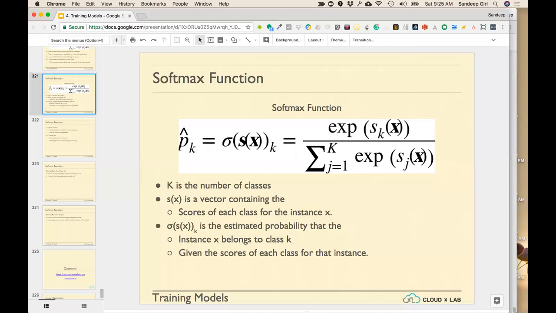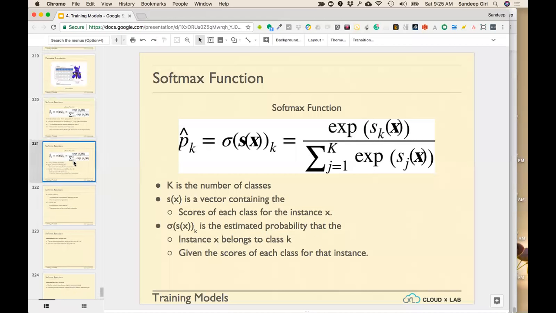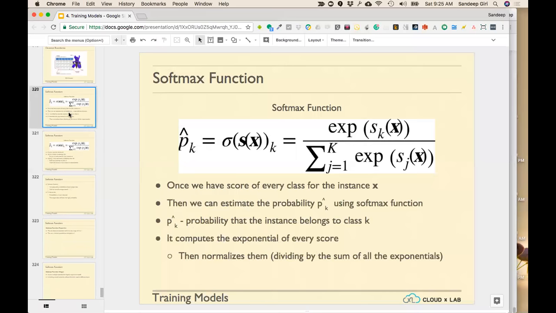A question from Noor is, if the probabilities are too close, then how does it decide?